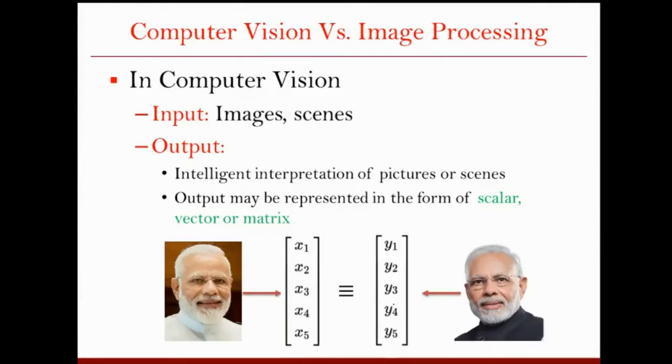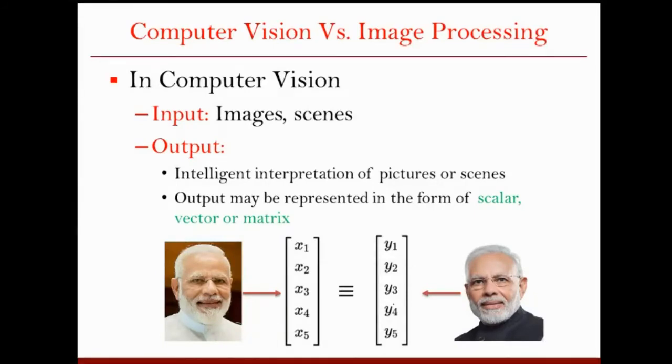Now, there are some related fields, and sometimes when we study computer vision, we are confused. There's one common confusion: what is computer vision and what is image processing? Because image processing also deals with images, and computer vision also deals with images. So this confusion may come: what is the difference?